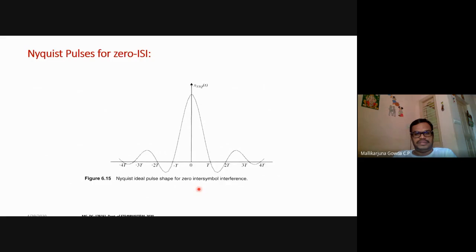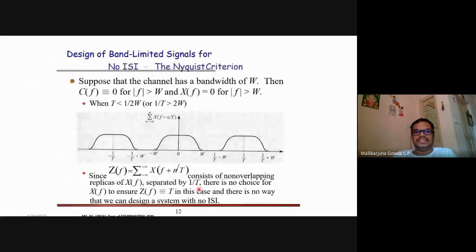So let me go to the next. I am considering here 3 cases. What are those 3 cases? If the channel has a bandwidth of W, then the frequency response will be C of f equal to 0 when the frequency is greater than W, and the value of x of f is also equal to 0 for f greater than W. I was talking about t, the symbol duration.